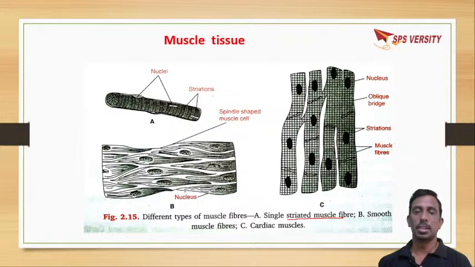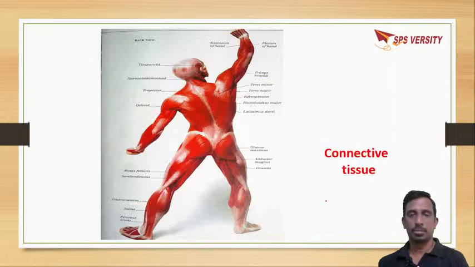Next is smooth muscles. The third one is cardiac muscles, which are associated with the heart. So in our body there are 3 types of muscles. Roughly there are 600 muscles, of 3 types: striated, smooth, and cardiac.